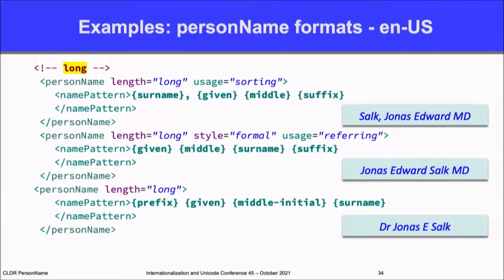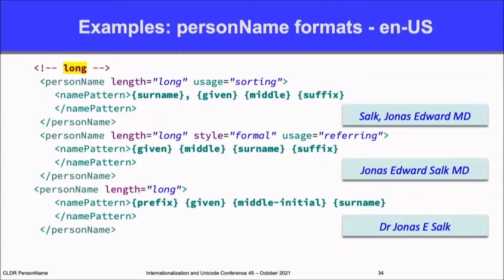So another case is long, sorting, for instance, where I may want to have the full representation, Salk, Jonas Edward MD. But if I'm referring to them, I'd say Jonas Edward Salk MD. So that might be what would be on a statement, maybe a recognition or award or something.